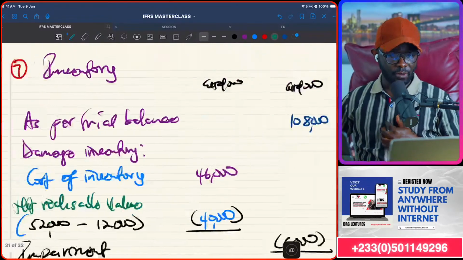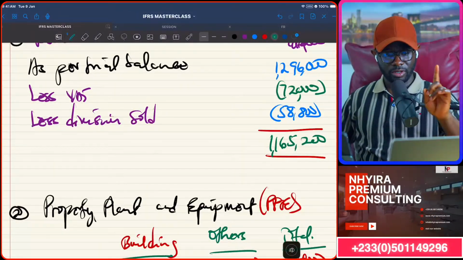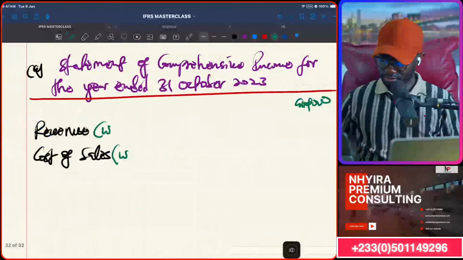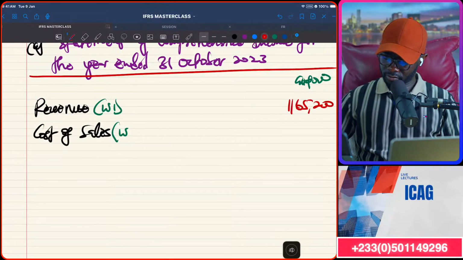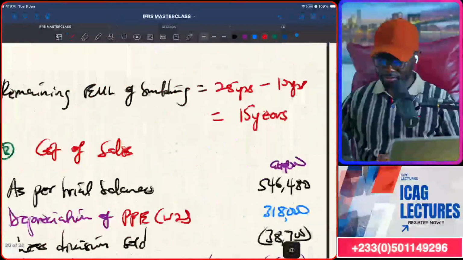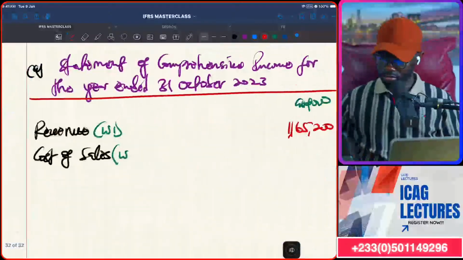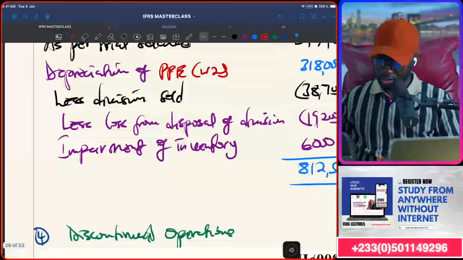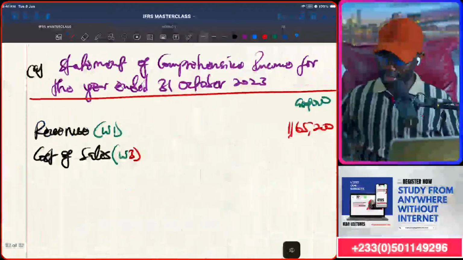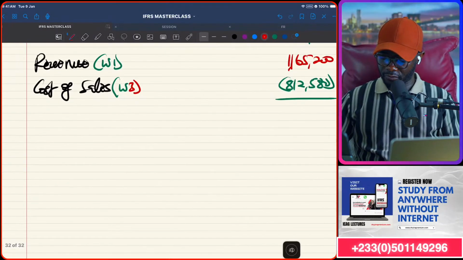So we bring in the workings straight up. Revenue from workings 1, 1,165,200. Cost of sales from workings 3, and that is 812,580. And we get gross profit.